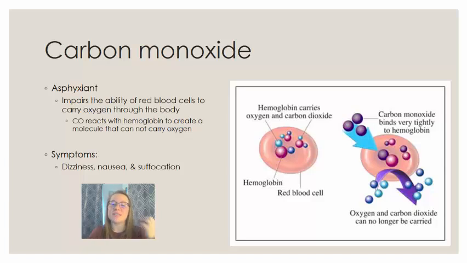So what happens is the carbon monoxide reacts with the hemoglobin in your blood and prevents that hemoglobin from being able to carry oxygen. Now, some of the symptoms of carbon monoxide poisoning would be dizziness, nausea, and suffocation.